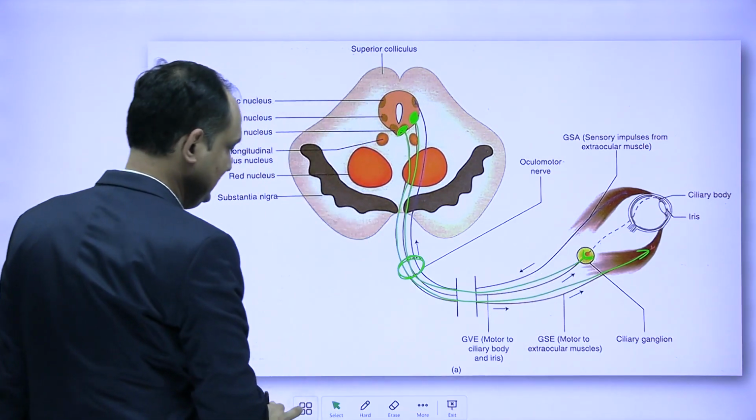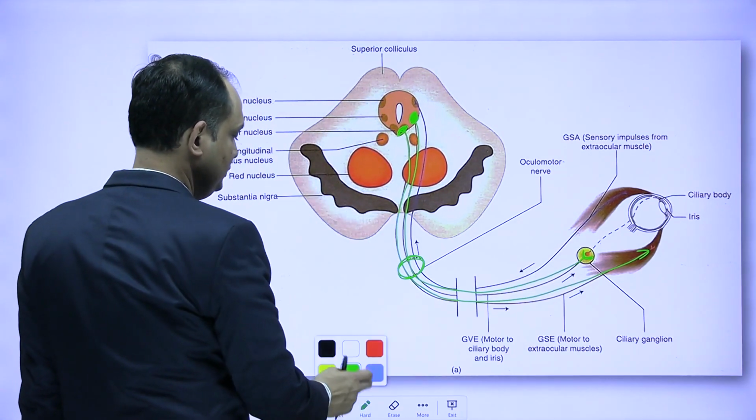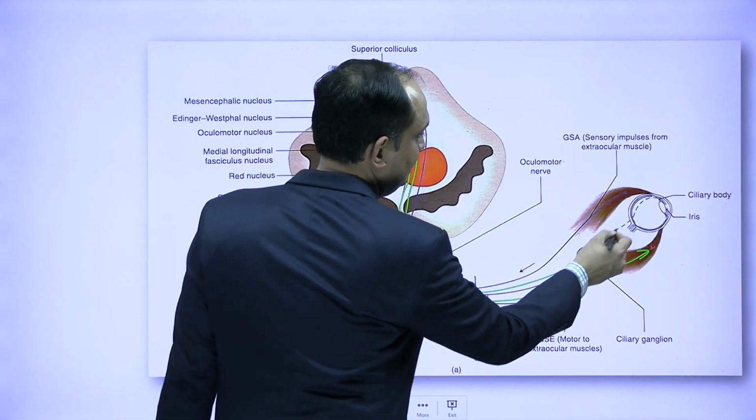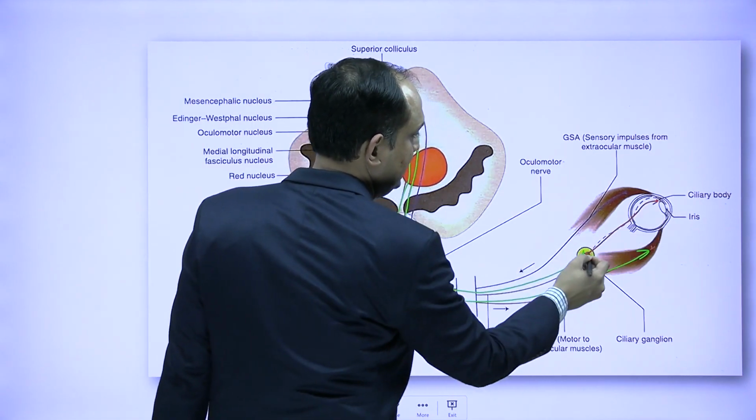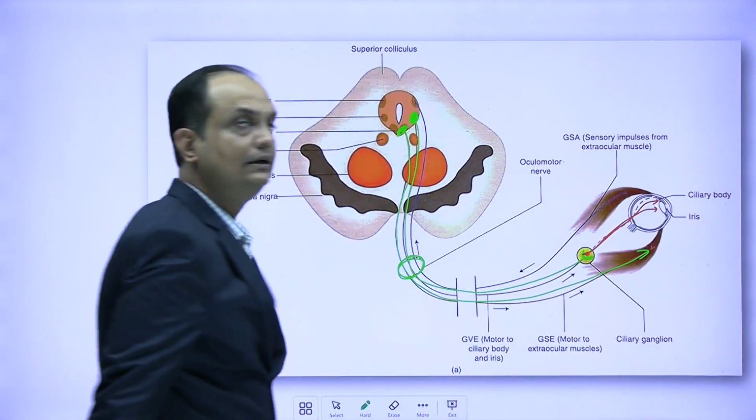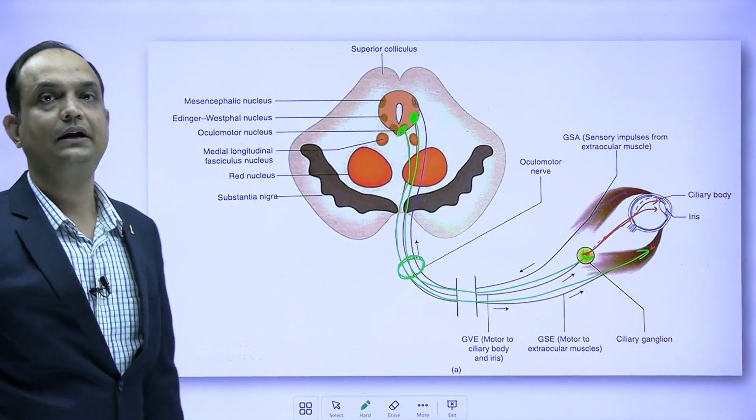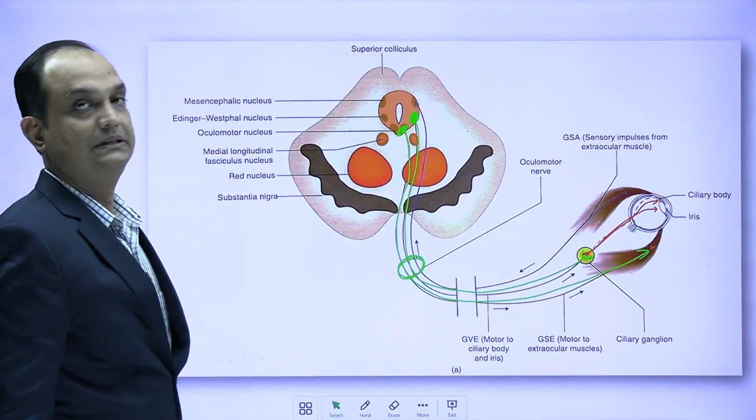From the ciliary ganglion, you have the origin of postganglionic fibers. Those will enter the eyeball and supply the constrictor pupillae and your ciliaris muscle.